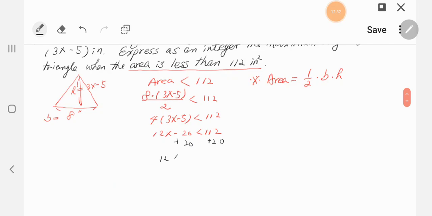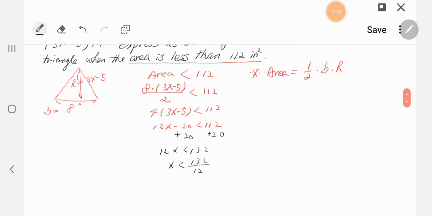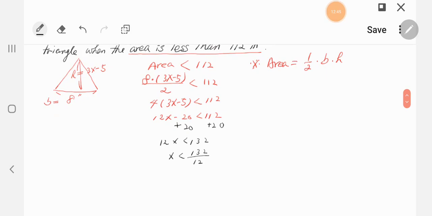So 12x is less than 132. Then divide each side by 12. We are dividing by a positive number, so we don't have to flip the symbol, right? Then x is less than 11. We found the value of x.